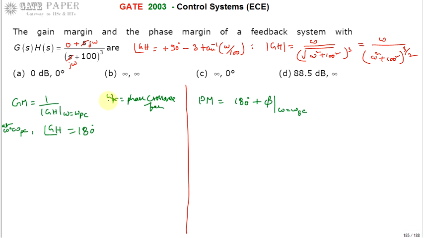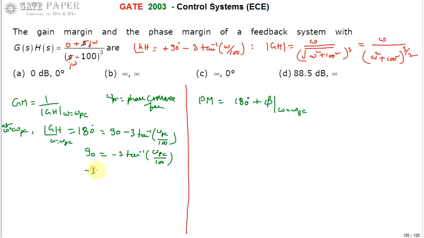So now we will go to calculate. This is the angle condition we already know. Simply replace this angle with 180 degrees when you replace omega with omega PC. So 180 degrees at omega equal to omega PC is equal to 90 minus 3 times tan inverse of omega PC divided by 100. So 180 minus 90, that is 90, is equal to minus 3 tan inverse omega PC by 100.